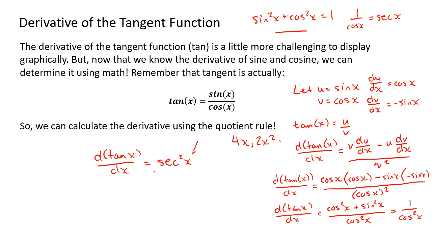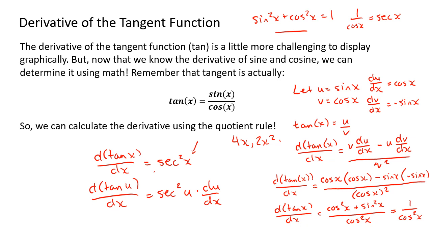So if you let that function be u, the derivative of tan of some function u with respect to x is equal to secant squared of that function u times du by dx. Okay, so that's again following the same chain rule that we did for sine and cosine. Okay, so that's the tangent function.